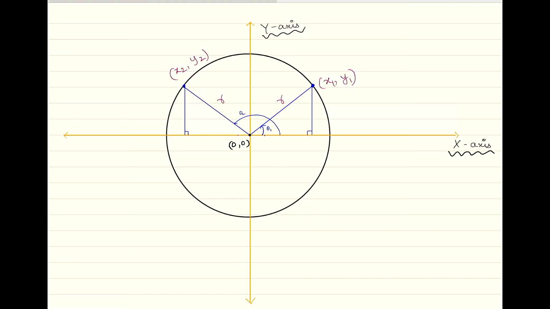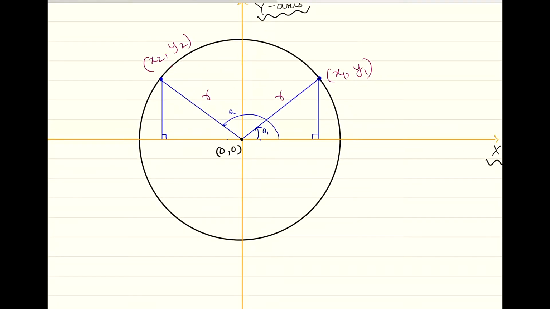Alright, so now if you join the origin with some point on the circle like this, you'll get one straight line and it makes some angle with respect to positive direction of x-axis, right? That angle is this angle, right?